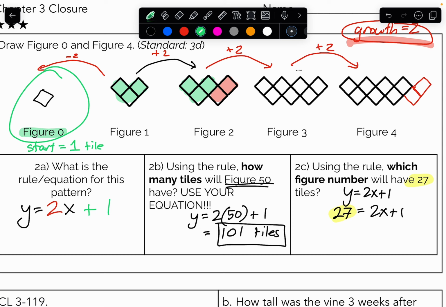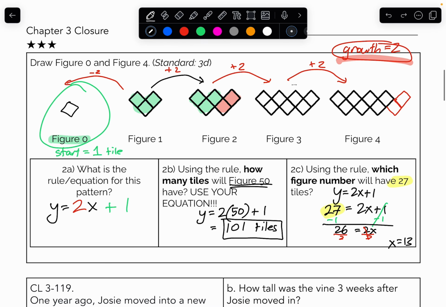All right, solving this equation, if I subtract 1 and then divide by 2, I will get 26 equals 2x. I think I was a little bit ahead of myself there. Dividing by 2 now, we're going to get x equals 13. So figure number 13. Which figure number will have 27 tiles?